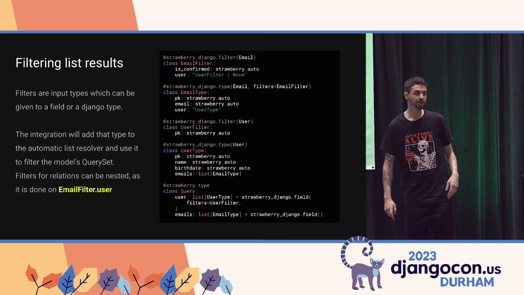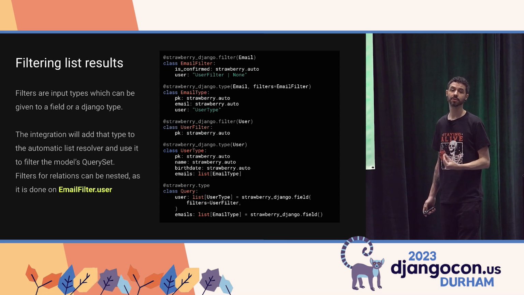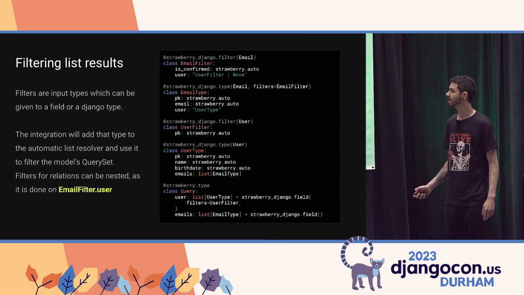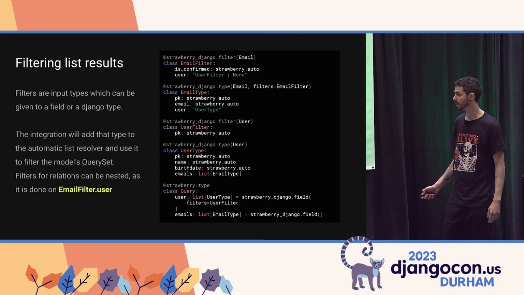Strawberry Django provides you ways to filter list results. So when I say that the query in here, I am returning a list of users, this should be users, I'm sorry about that, but this is returning a list of users, and this is returning a list of emails.